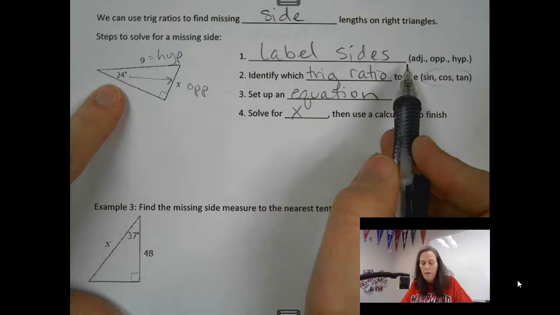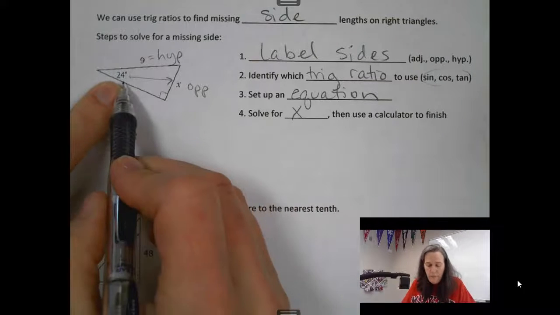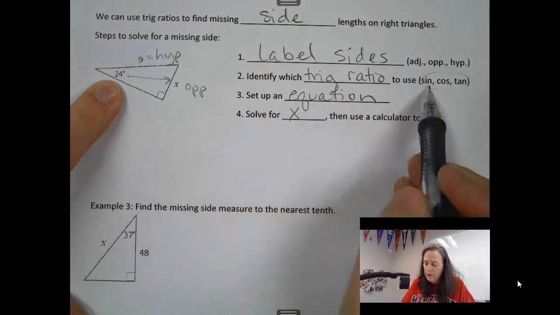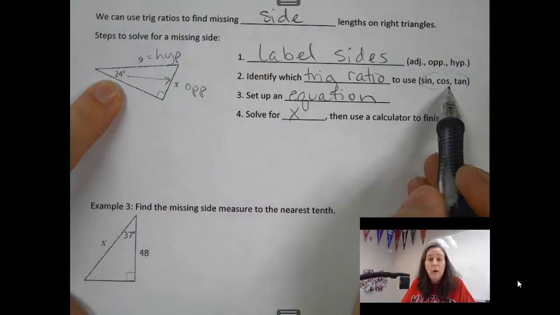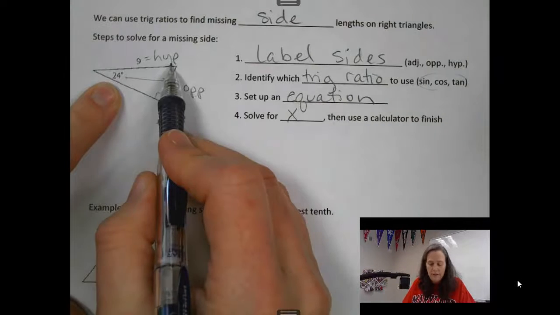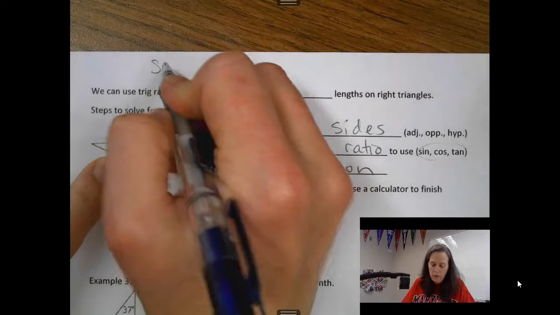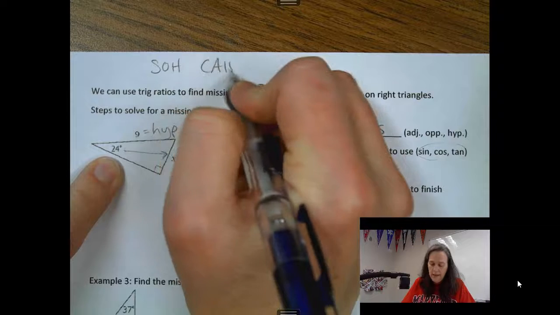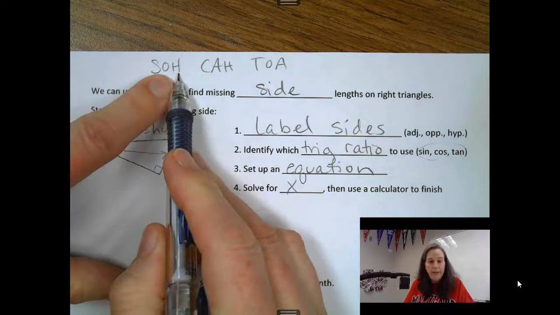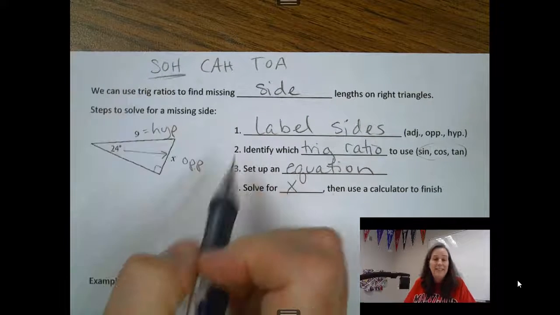Okay, I figured out what pieces I have in comparison to that angle. Step 2, identify which trig ratio would go well with this. So if I have opposite and hypotenuse, and I'm just going to write up here, SOH CAH TOA. I have opposite and hypotenuse. That means I want to work on sine.